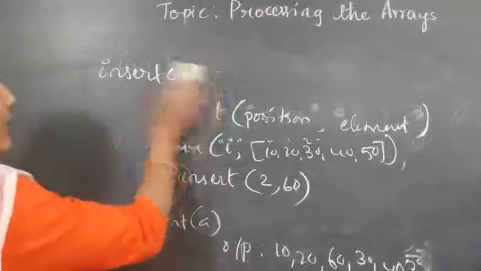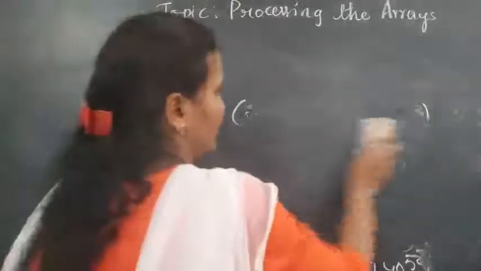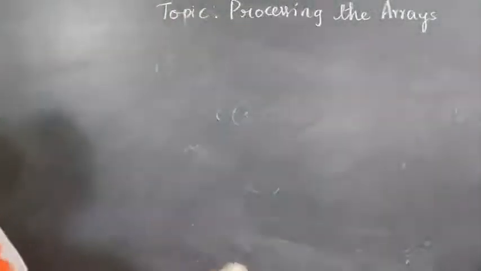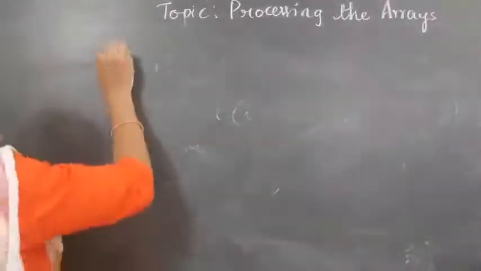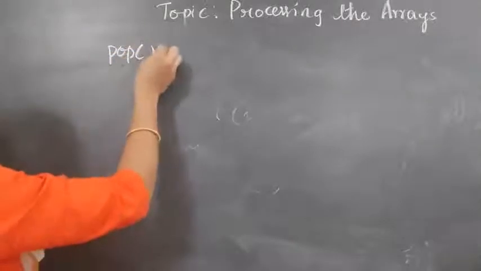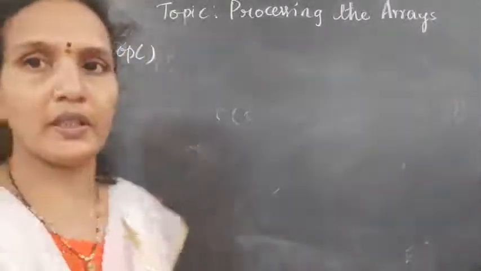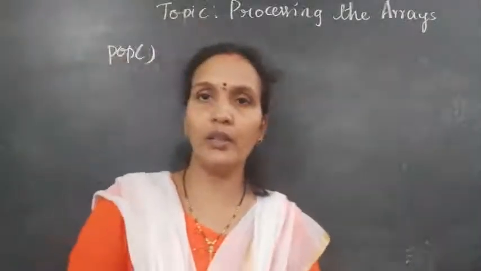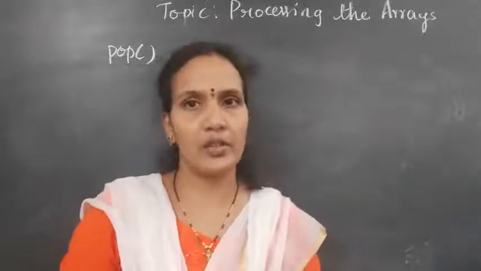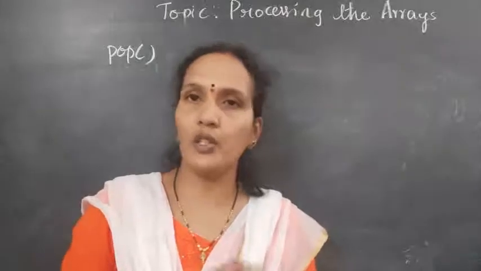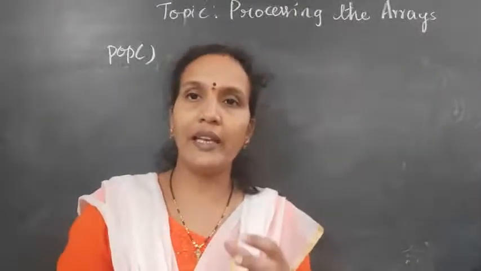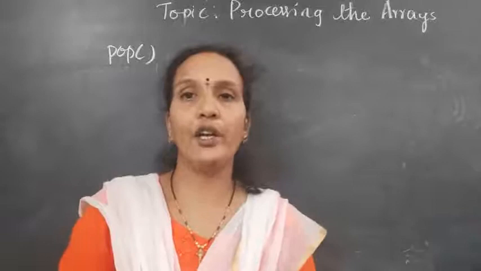Now the next one is the pop method. Okay, so what is pop? I think all of you know this pop method, where you learned about pop in data structure, in the stack. So what is the use of the pop method? Pop method is used to remove an element from the end of the list.